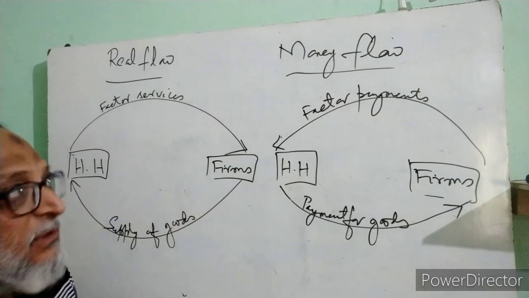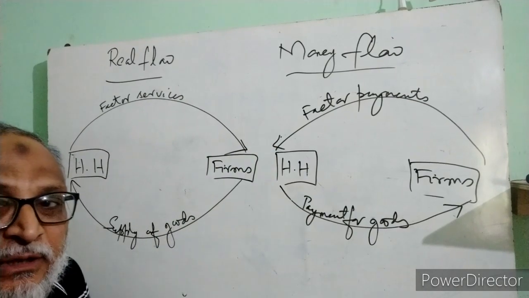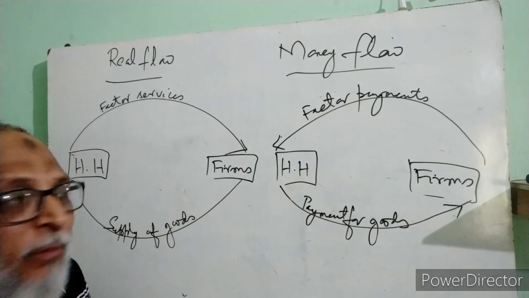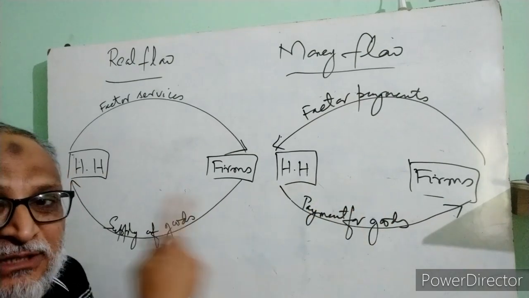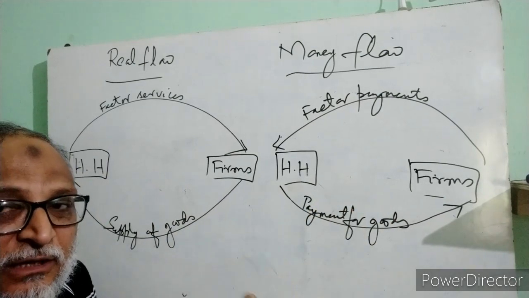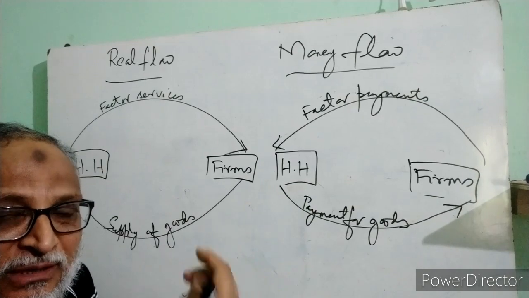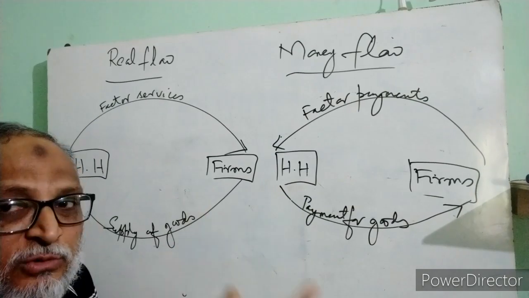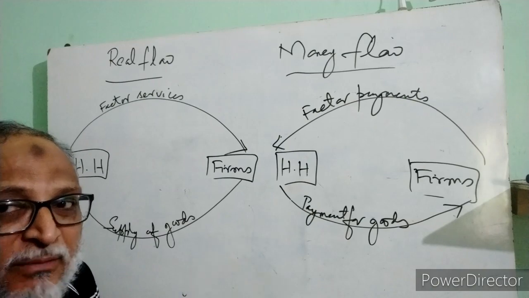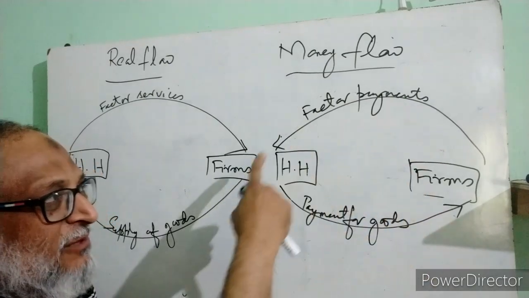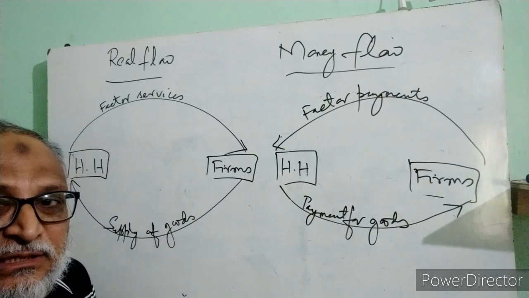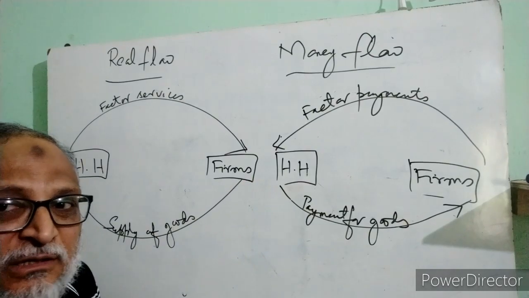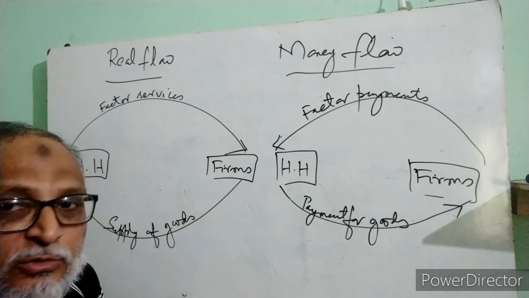Now the second flow shows money flow in the economy, which is also called nominal flow. Now you can see what the firms are doing, because in real flow you have seen they have taken factors like land, labor, capital, entrepreneurship from households. So now they have to make payment to households. So the firms make payment to the household in the form of rent, wages, interest and profit, which results in the income of households.